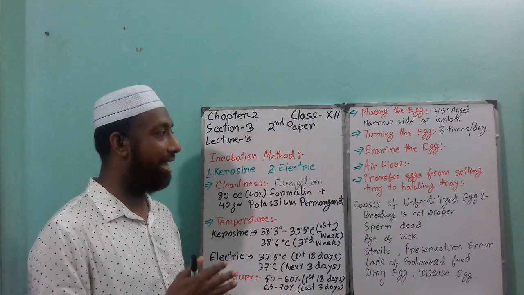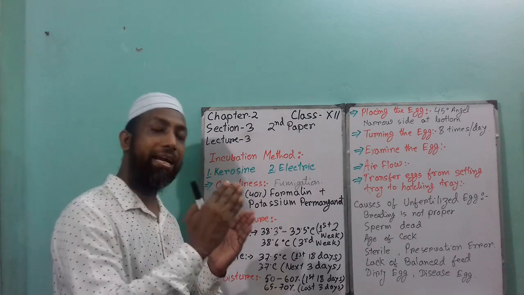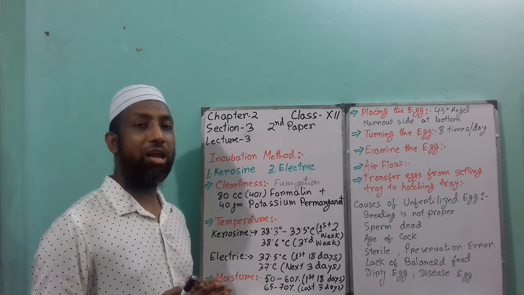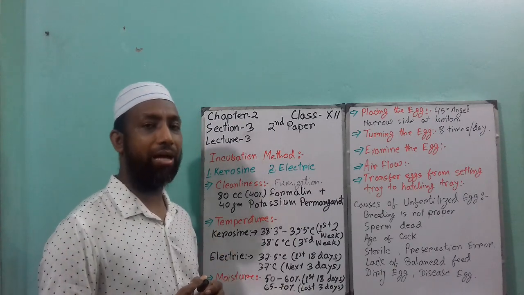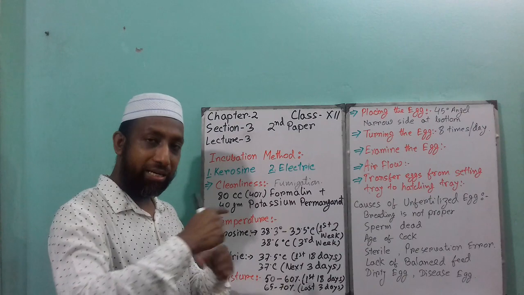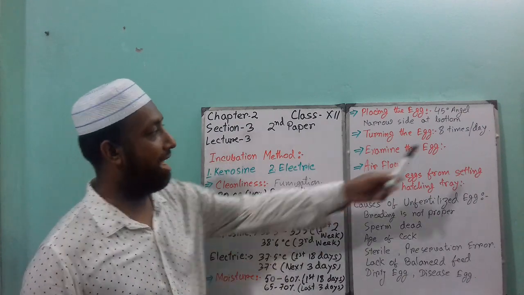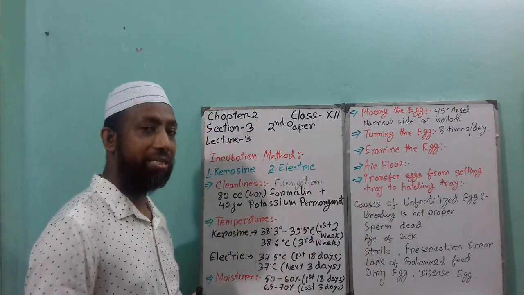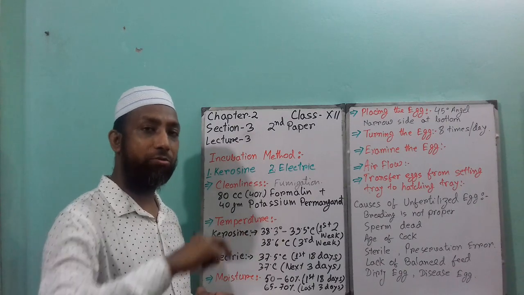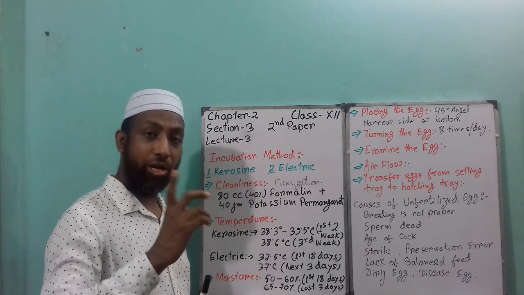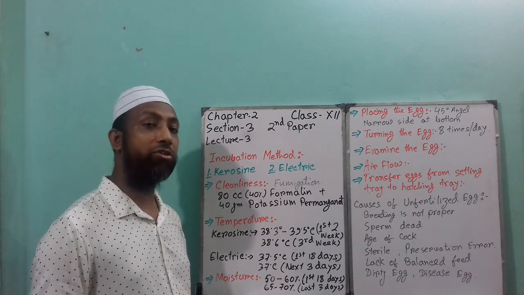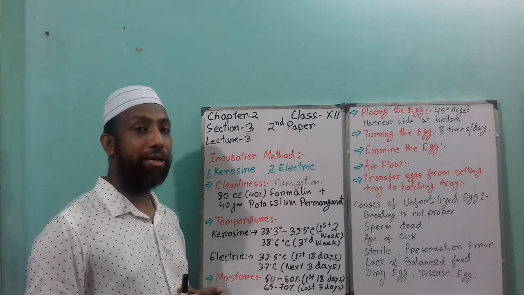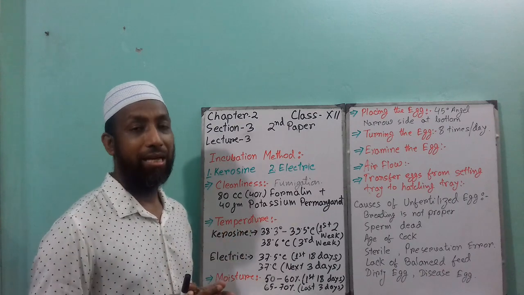For that, inside the machine there is a U-shaped iron-made device that turns the egg 8 times a day. That means every 3 hours you have to turn the eggs. But you have to turn the egg very carefully. If you are not careful, the egg might be destroyed.